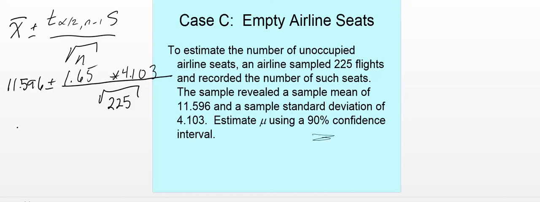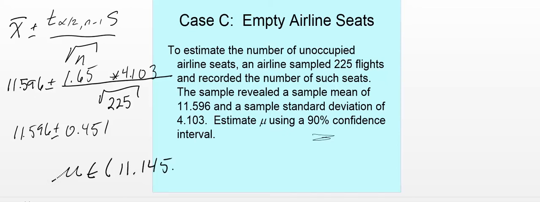And when I did this, I got 11.596 plus or minus 0.451, which gave me a mean somewhere in the interval of 11.145 to 12.047, and my units here are seats. And that's the end of case C.